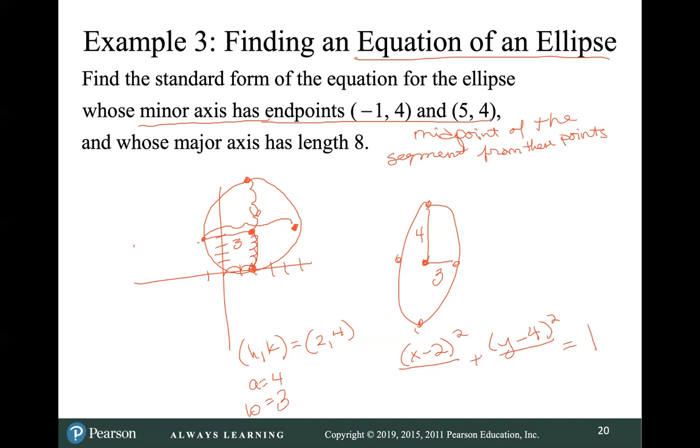Which one is my major is a, and a goes up and down, so it goes underneath y. So 4 squared is 16, and b squared is 9. The 3 goes sideways like the x-axis, so 3 squared goes under x. The 4 goes up and down like the y-axis, so 16 goes under y.